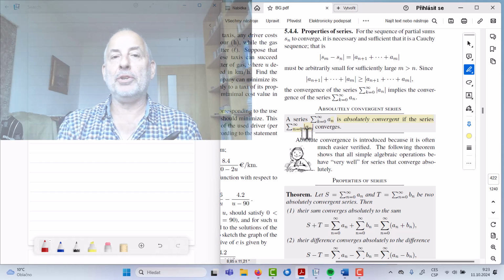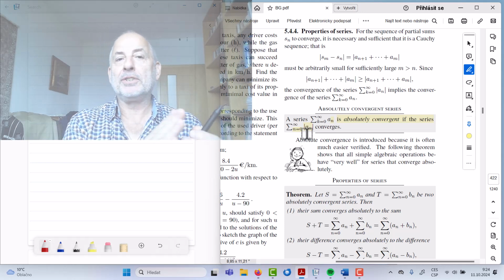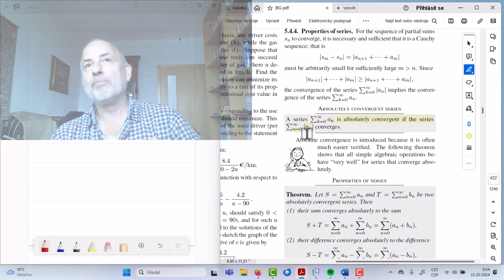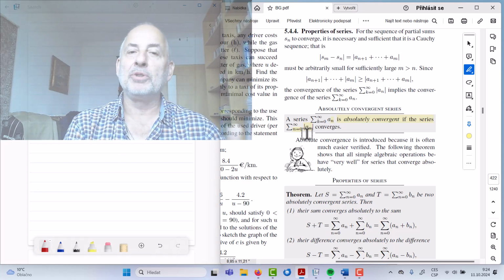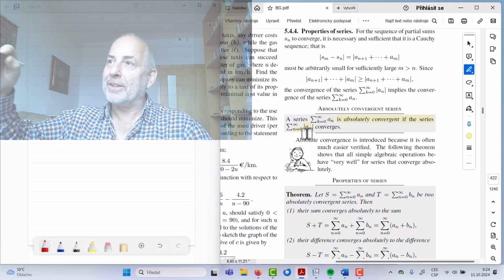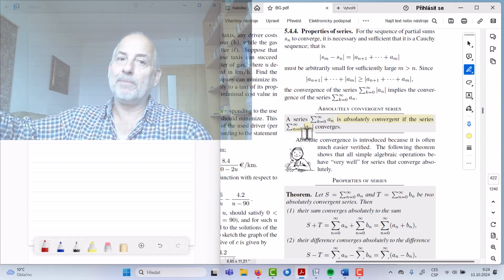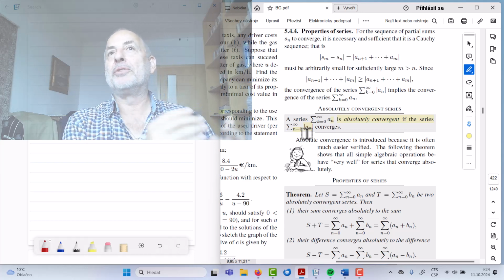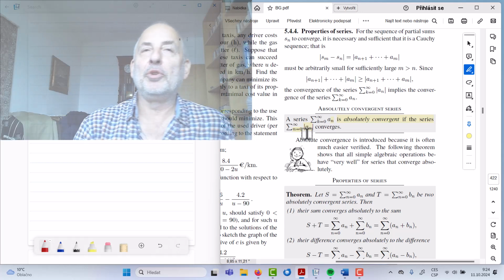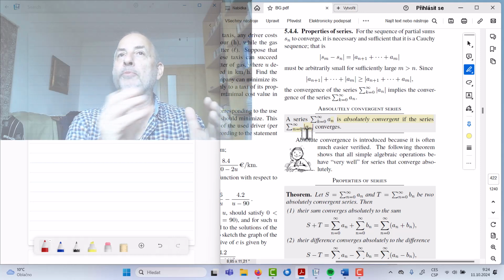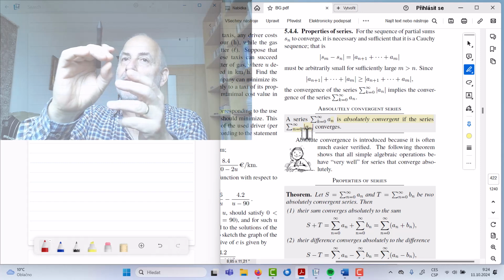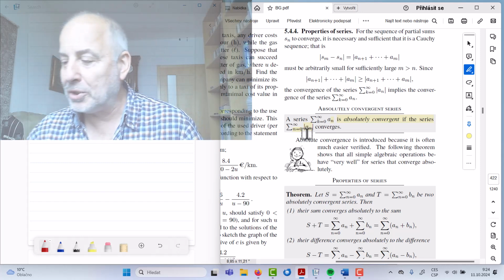And you can imagine that if I have a sum where I always just add something and then subtract something and then add something, it might oscillate to some fixed value, right? But it's much stronger to believe that it converges if it would converge also in the absolute values, because then it means that the individual items I'm adding must be smaller and smaller at a much faster pace.